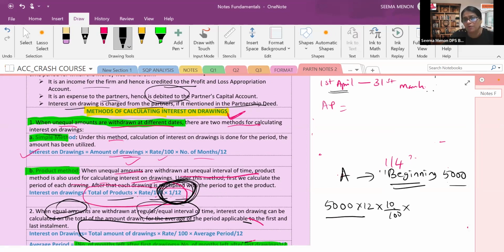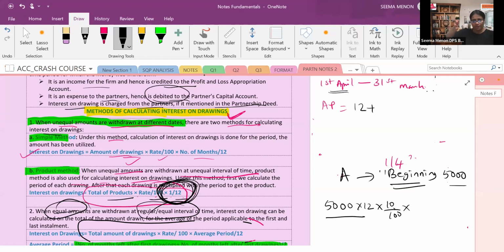He is withdrawing on 1st April. How many months are left after 1st April? April is complete, then all the remaining 11 months. Including April, because he withdrew on 1st April, you have to pay interest for the April month also. So months left after first withdrawal is 12 months. Now time left after last withdrawal.